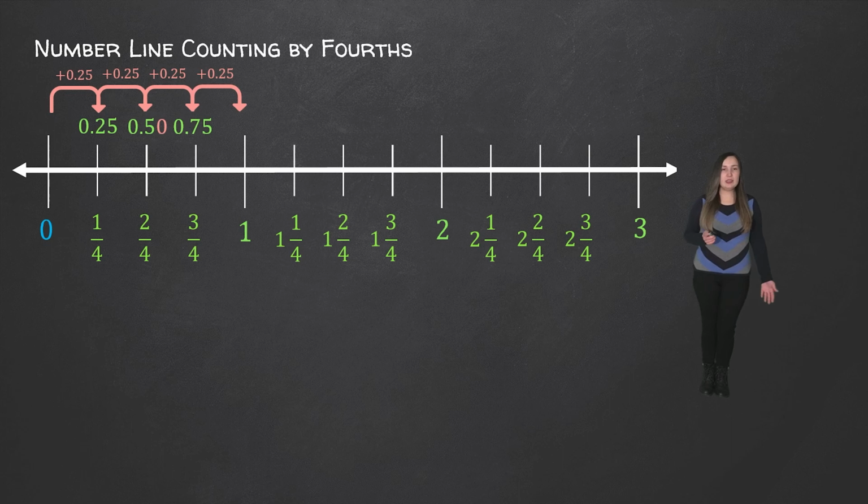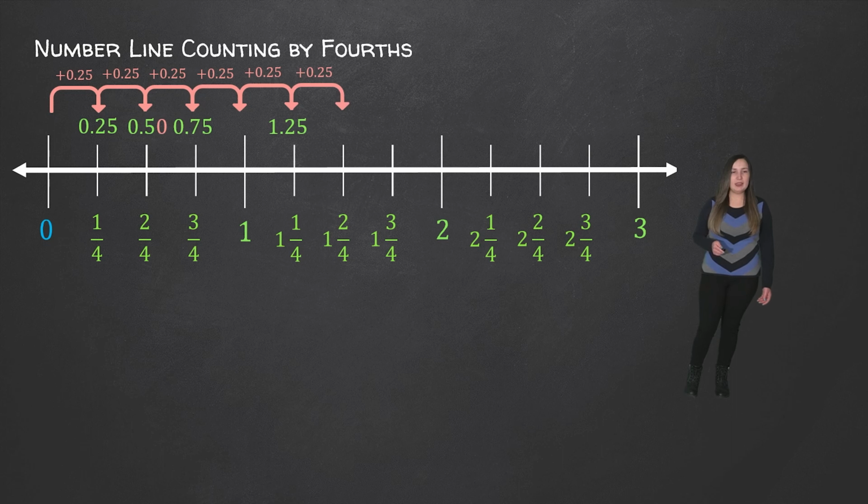So if we add another 25/100ths to 75/100ths, we get 1. If we add another 25/100ths, we get 1 and 25/100ths. If we add another one, we get 1 and 5/10ths. If we add it again, we get 1 and 75/100ths.